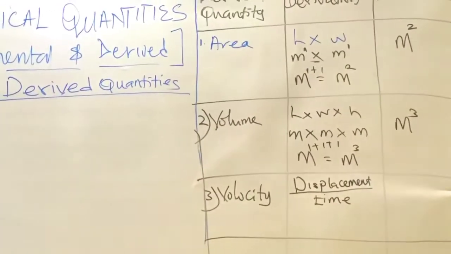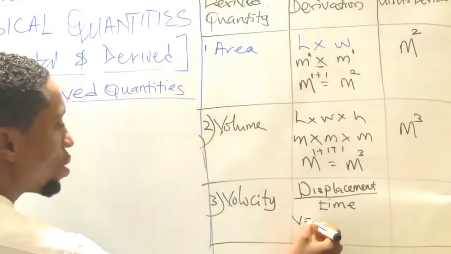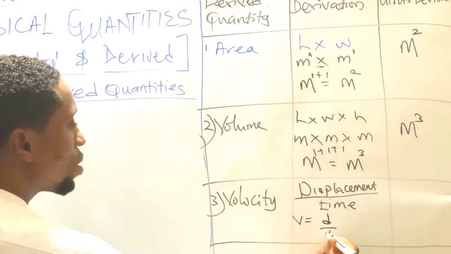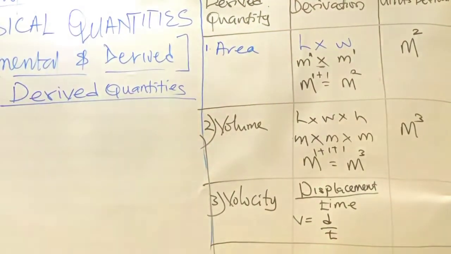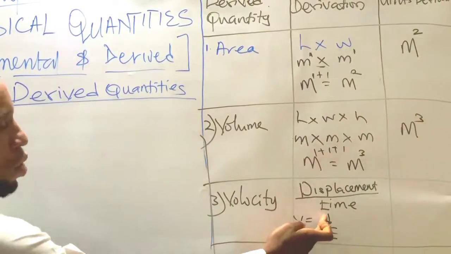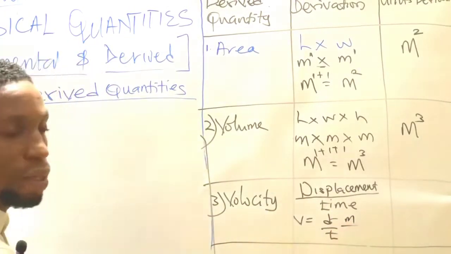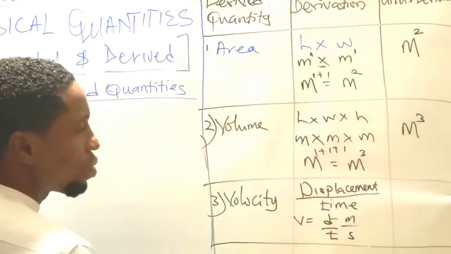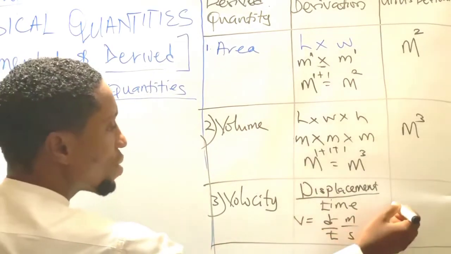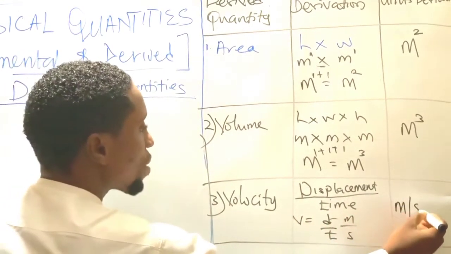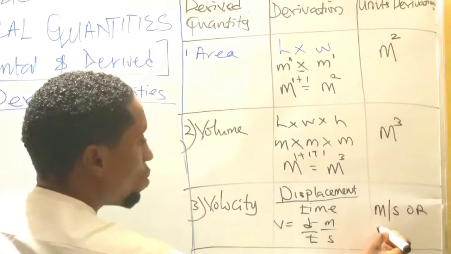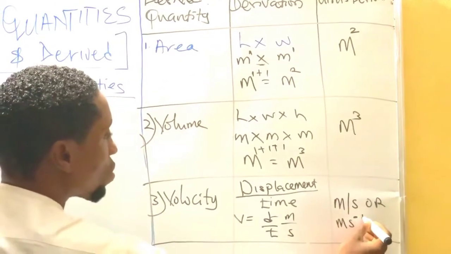So in other words, you have that v is equal to d over t. Now d is measured in meter. t is measured in seconds. You have the SI unit to be meter per second.